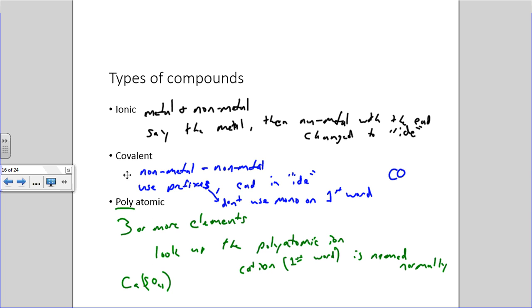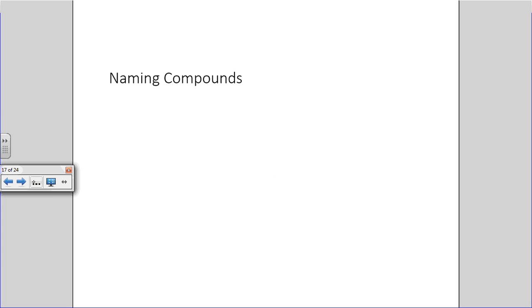Okay? So using that information, we can plug these in, see if we can figure these out. So our first one is CO, which I used as an example. CO is going to be a covalent compound. If it's covalent, we're going to use prefixes.